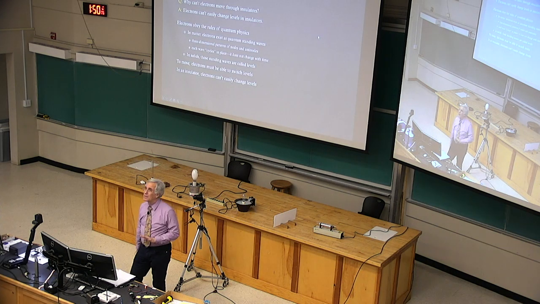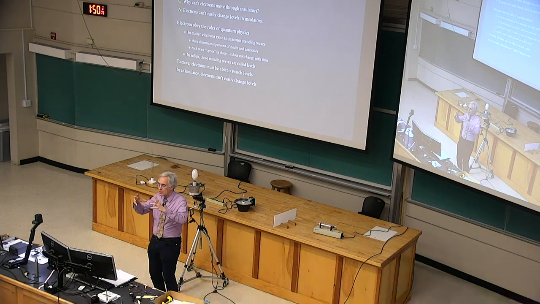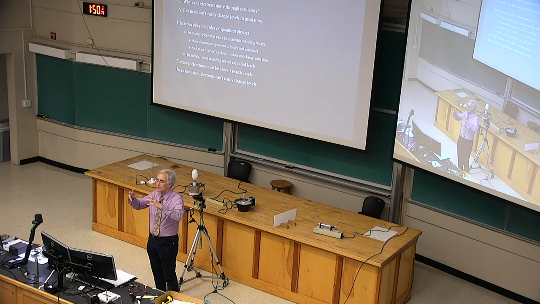Let me just say that for an insulator, when you put in enough electrons to bring the system to neutrality, when you're working with a material that wants to become an insulator, the last electron that you put in will go into one of the levels.